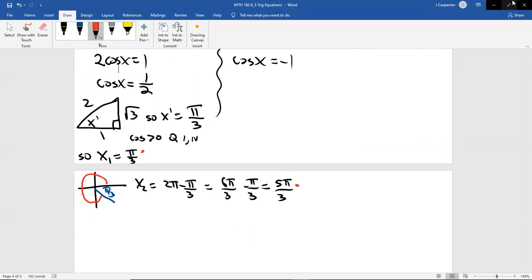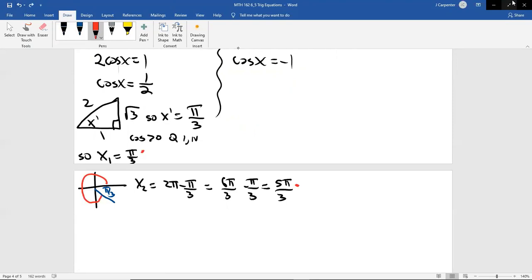But we're not done. We have the second equation, cosine of x equals negative 1. And you might say, we'll make that a 1 over 1, and then you try to draw a triangle where the adjacent's 1 and the hypotenuse is 1, and that triangle literally doesn't exist. So you have to remember, wait a minute. When you have a sine or cosine equal to 0, 1, or -1, that's a quadrantal.